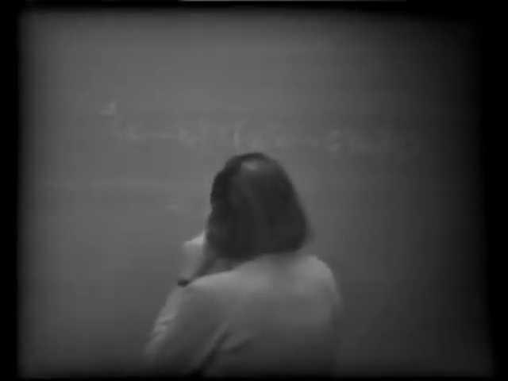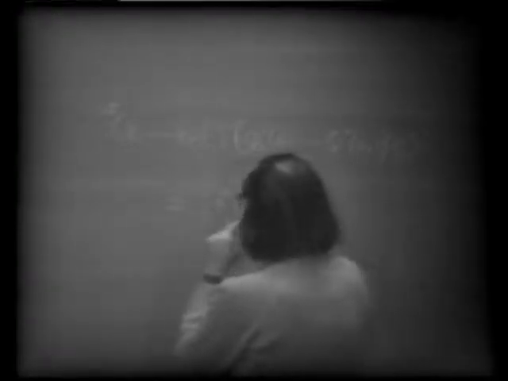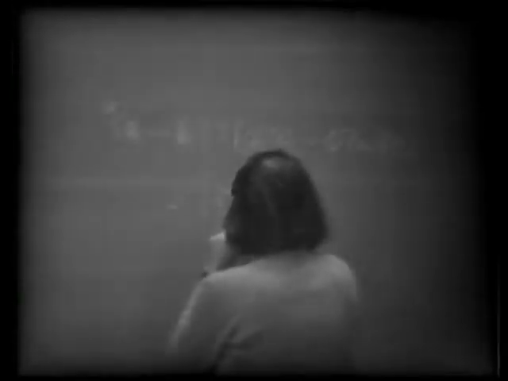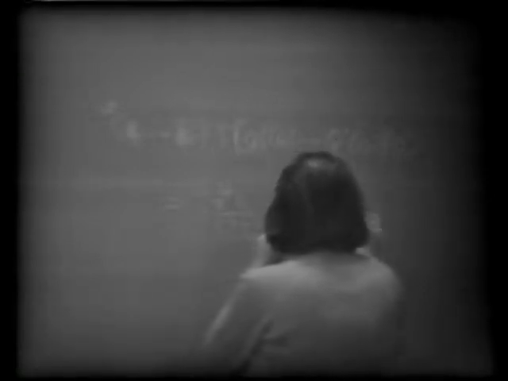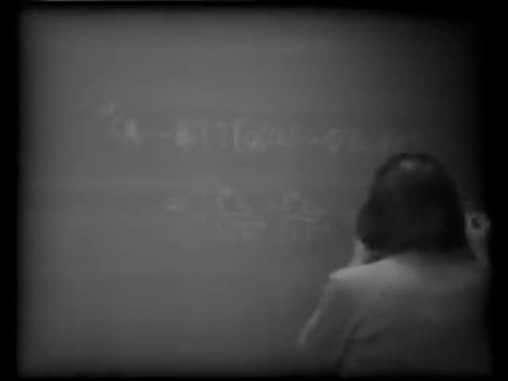integral d4 k1 through d4 kn over (2 pi) to the fourth, e to the i k1 dot x1. It's the usual reduction formula mess. That's Fourier transforming.